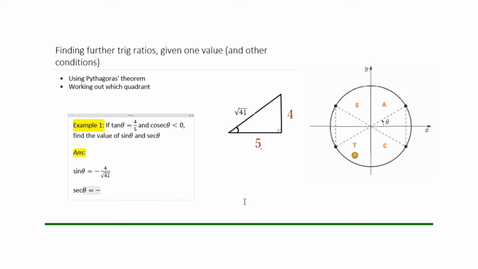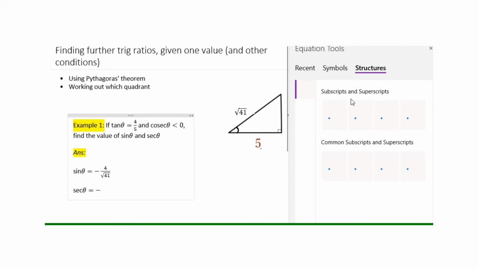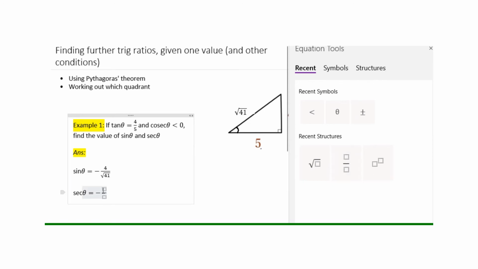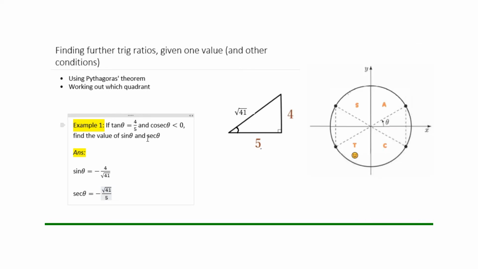Sec is 1/cos, or H/A, so it is negative square root of 41 over 5. So again, when you work with sec or cosec, just work out whether it's related to sine or cosine, so it's easier to work out if the ratio is positive or negative.